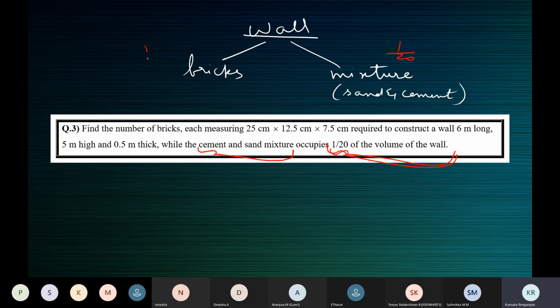So the remaining is 19/20. How do we get that? 1 minus 1/20, which is 19/20 of the volume of the wall.